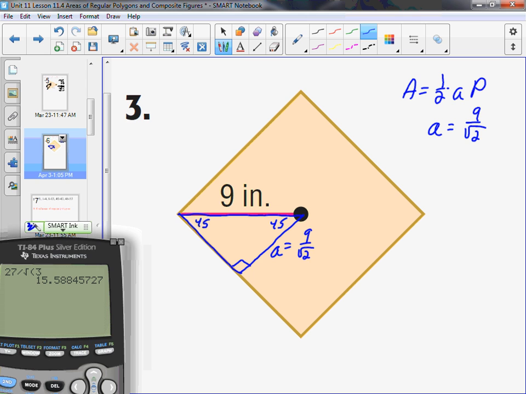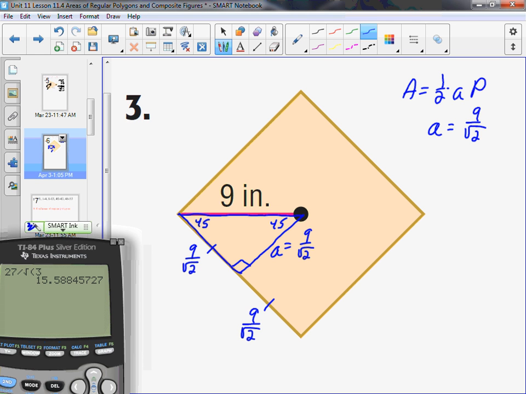Well, since this is a 45, 45, 90, if one leg is 9 divided by the square root of 2, so is the other leg. And then remember how we decided that the apothem bisects the side where it intersects? So if that's 9 divided by the square root of 2, that's 9 divided by the square root of 2.